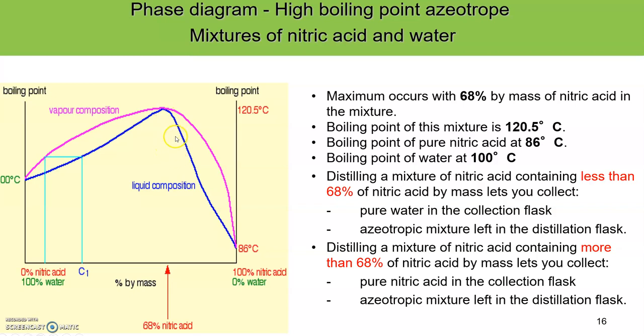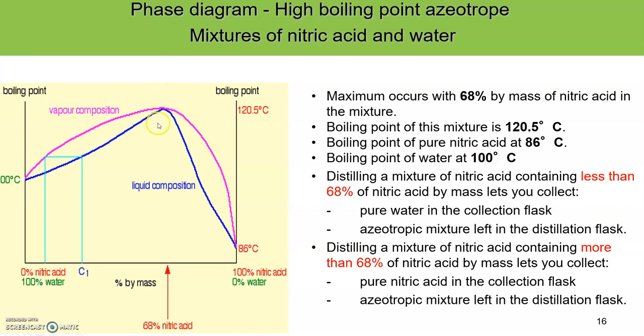So the maximum occurs with 68% by mass of nitric acid in the mixture. That is the best that we can have. So the boiling point of the mixture is 120.5 degrees centigrade, while the boiling point of pure nitric acid is 86 degrees centigrade. The boiling point of water is 100 degrees centigrade.